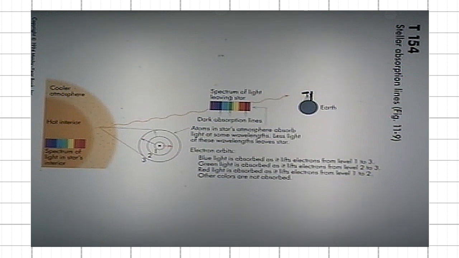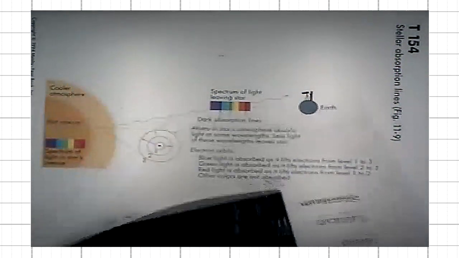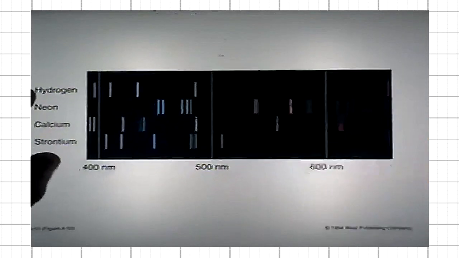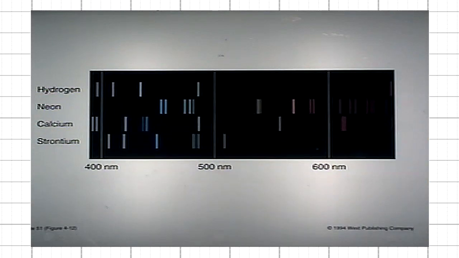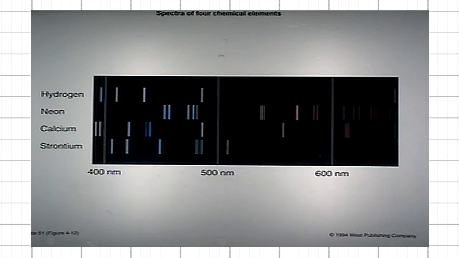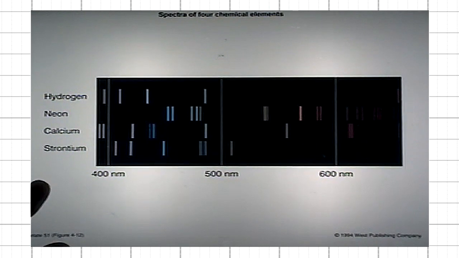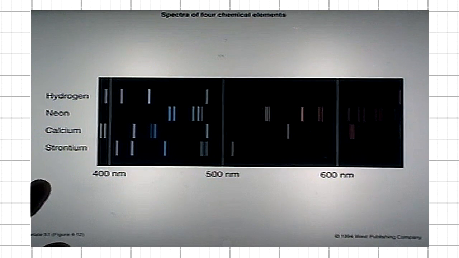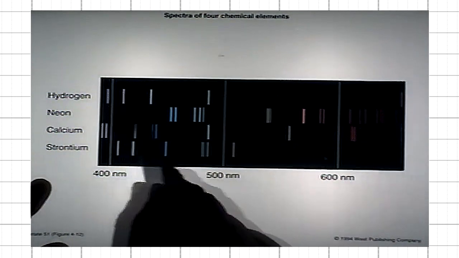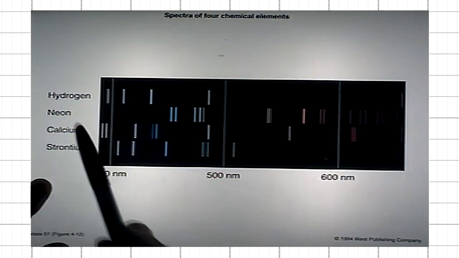Let me just show you that by one example. Of course, here is the emission spectrum of different chemical elements, but nevertheless, these wavelengths again depend on the energy levels that are characteristic for an atom. So here are the spectral lines of hydrogen.